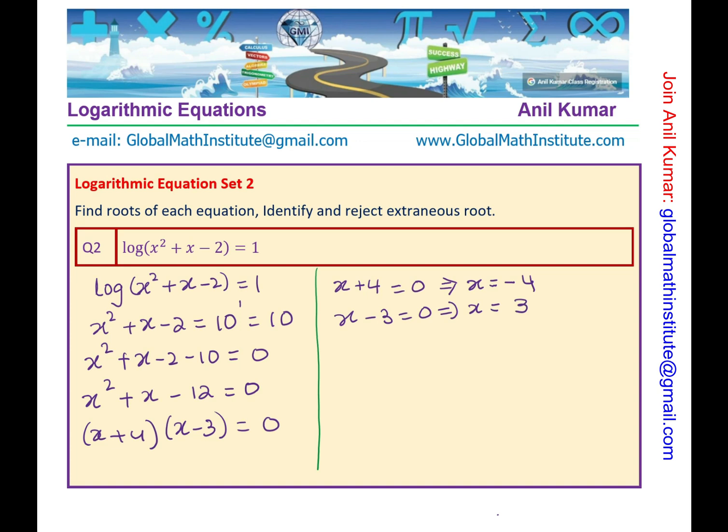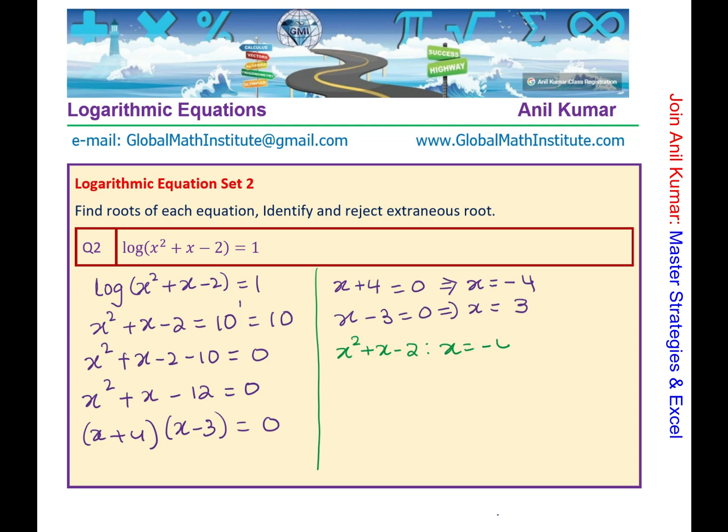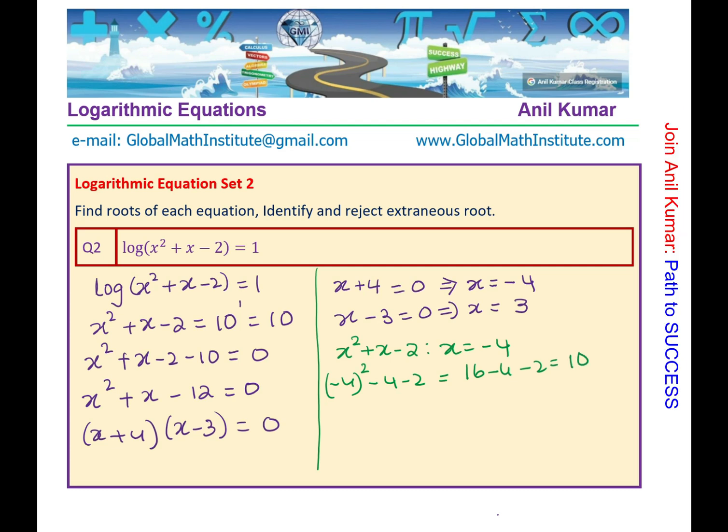We substitute the values in the expression x squared plus x minus 2. For x equals minus 4, we get minus 4 squared minus 4 minus 2, which is 16 minus 4 minus 2, which is 10. And you know, log of 10 is 1, so it works.